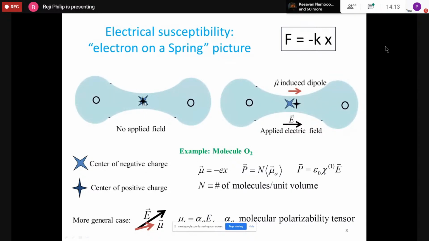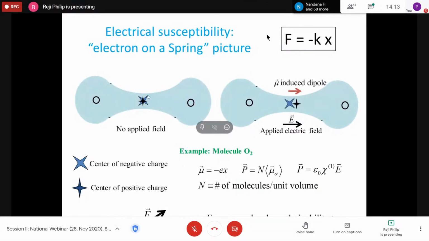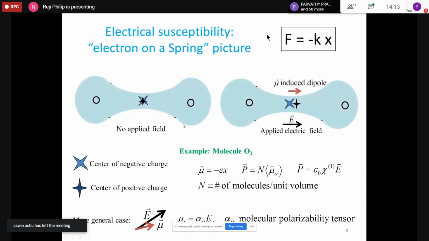The center of the positive charges, this nucleus and this nucleus, comes here, and the distributed electron cloud, the center of the negative charge, also comes there. So the centers of the charges are sitting together. Therefore, this oxygen molecule normally does not have any dipole moment. However, imagine the situation that you apply an electric field onto the oxygen molecule.